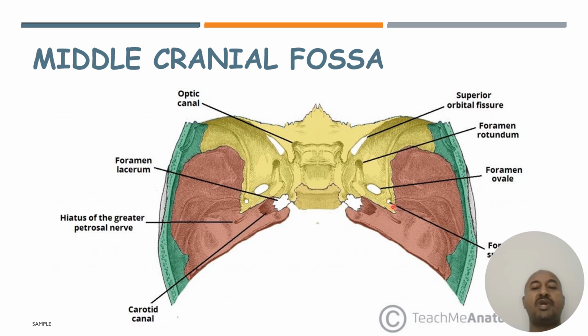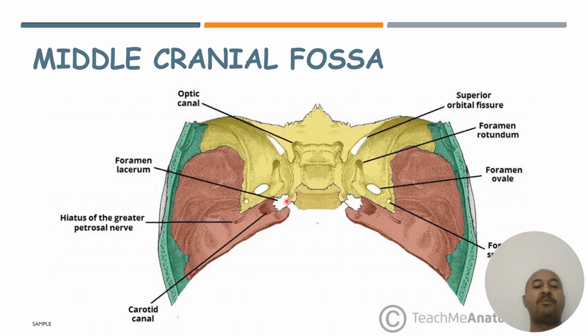More posterior and lateral, as you see here, is a small foramen. This is called the foramen spinosum. The foramen spinosum is mainly for the middle meningeal artery or vessels. When we go back a little bit here, we'll find the foramen lacerum, and this foramen is actually closed throughout life by cartilage.